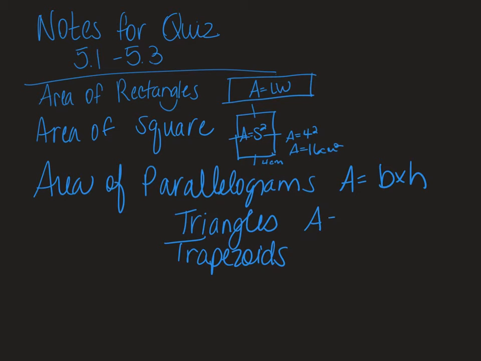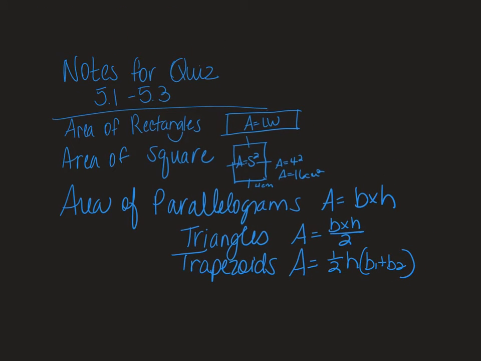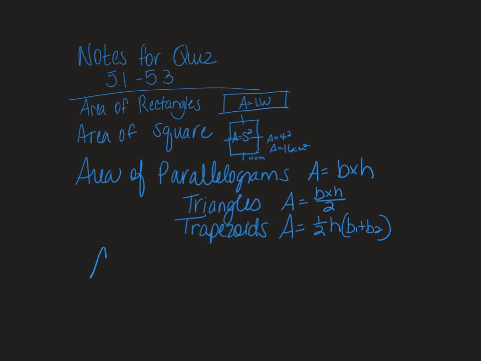Triangle, area equals base times height, right? No. Area equals base times height divided by 2. That is triangle. Okay? And we're going to practice some of these. The trapezoid is area equals 1/2 times the height times B1 plus B2. Okay? So there you have it. No, that's not it. And then area of a circle.